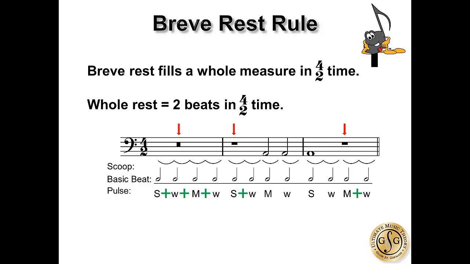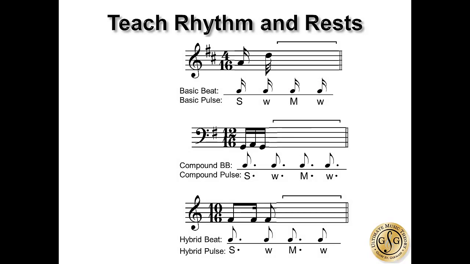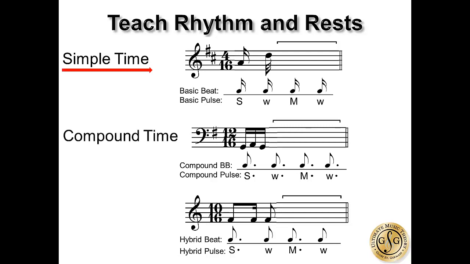Now, when we teach rhythm and rests in simple time, we need to understand basic beat and pulse. So what happens when we add rests in compound time, when we have a dotted compound basic beat and a compound pulse?